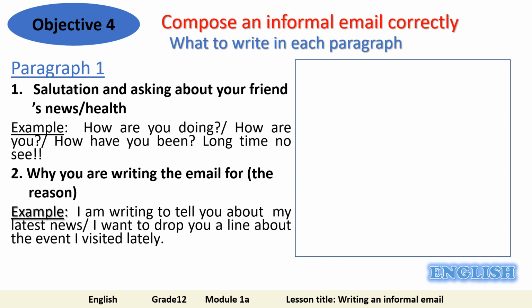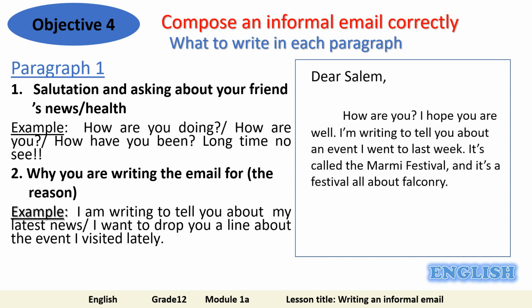So, if I'm just building this up into one paragraph, what should it look like? Dear Salim, how are you? I hope you're well. I'm writing to tell you about an event I went to last week. It's called the Marmi Festival, and it's a festival all about falconry.